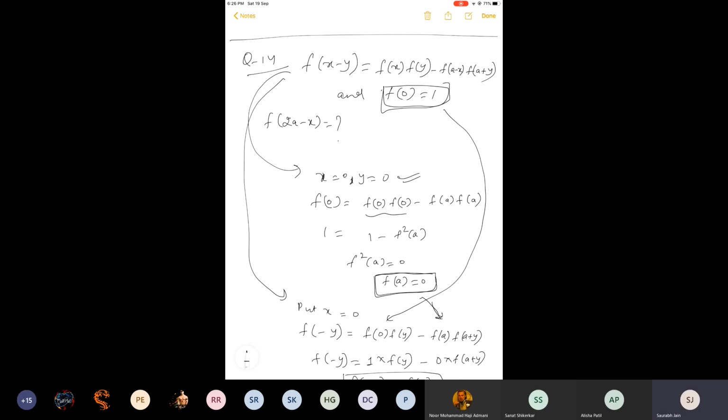So now we should put something such that it becomes 2a minus x here. And these conditions can be utilized. Just a minute.